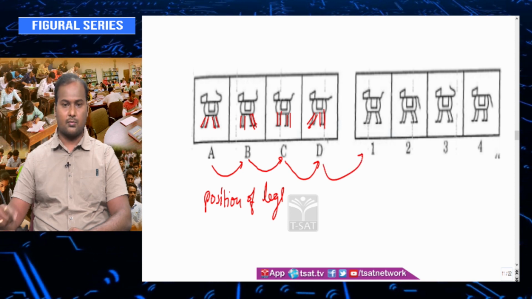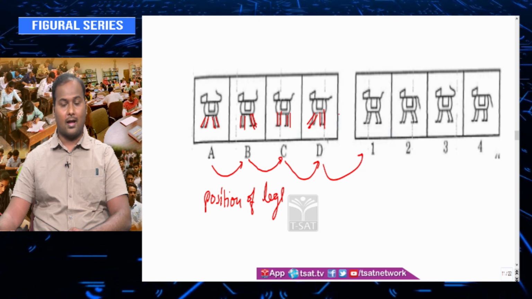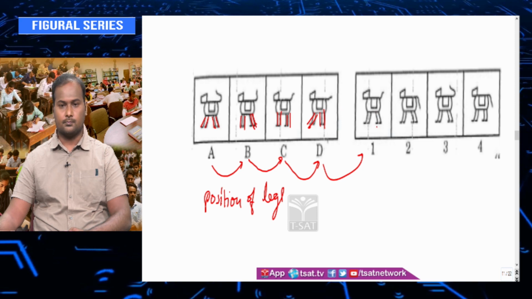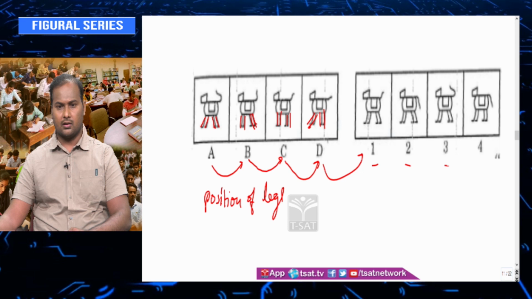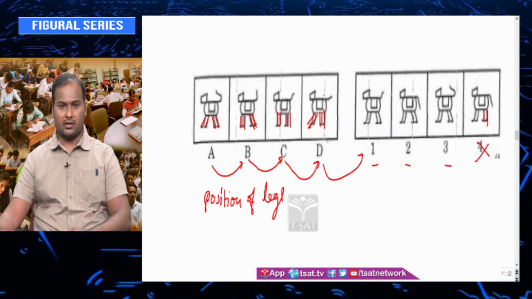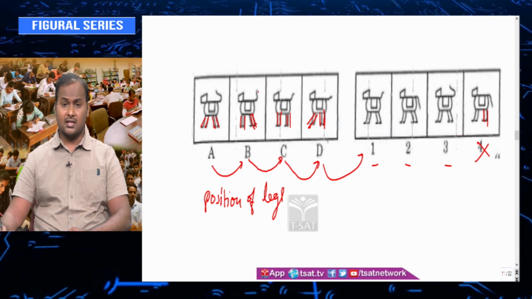And what is the change I can observe? The change is that even the back legs now move away. This is possible in option 1, option 2, option 3, but not in option 4, because in option 4 the legs are straight. Here also the legs are straight. So eliminate option 4.